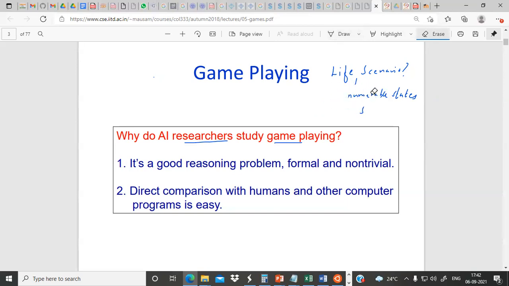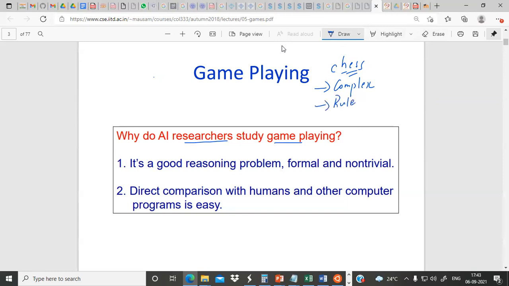But if you take games, in a game like chess also, there are many states. That doesn't mean that a game does not have many states. In a game like chess there are so many states, so it is really complex. In one sense, it is equal to the real life scenario, but the rules are fixed.